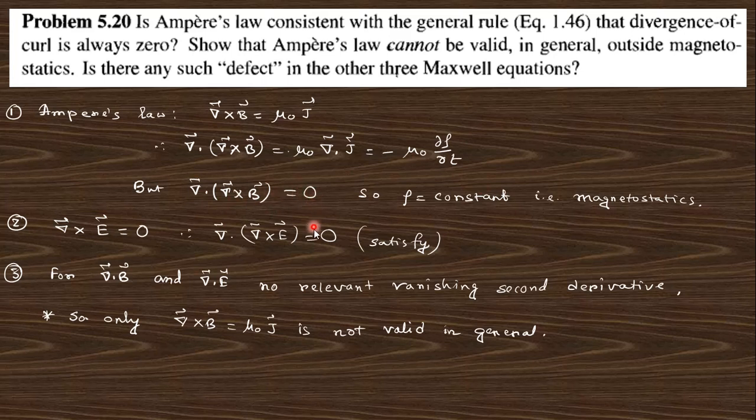Now the point is, is this always true? Because if we do not consider magnetostatics, then what happens? This divergence of curl of B is not 0, and this is not satisfied, because from our vector identity, divergence of curl of any vector must be 0.